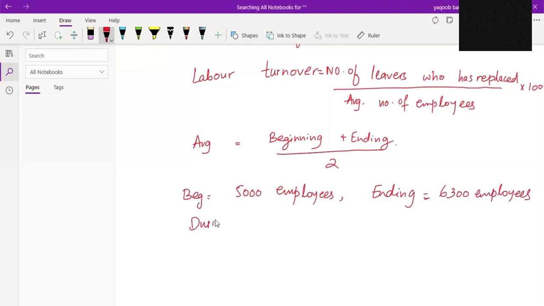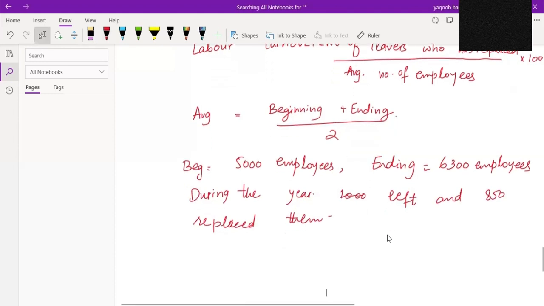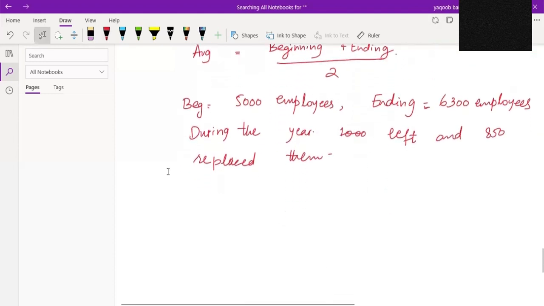During the year, 1,000 left and 850 replaced them. Calculate labor turnover.